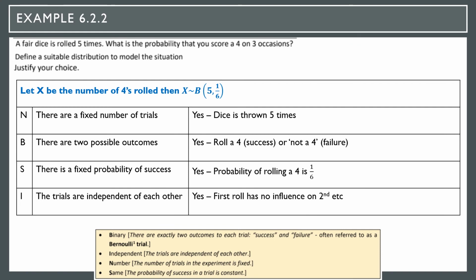And similarly, the trials wouldn't be independent of each other, because if I took a red counter out the first time, then that would have an impact on the second pick out of that bag.